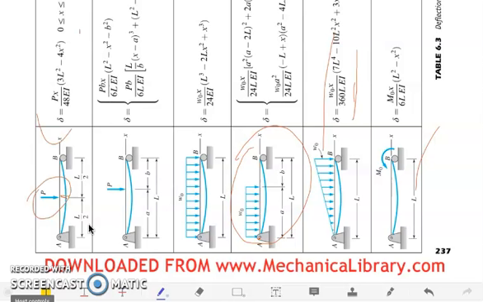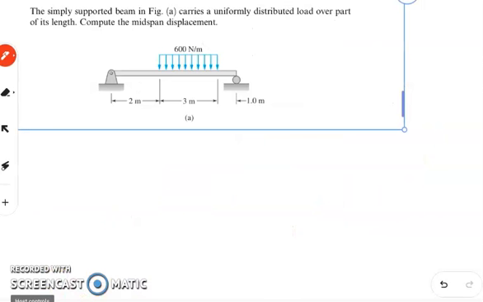So we have to extend our uniform loading towards the support. So this is our figure. As mentioned, the uniform load does not extend to our support.